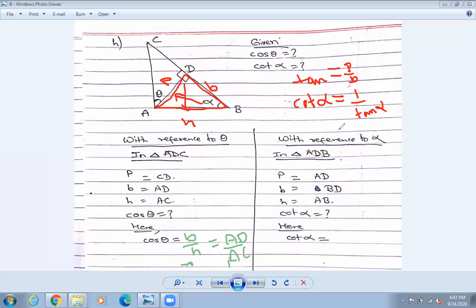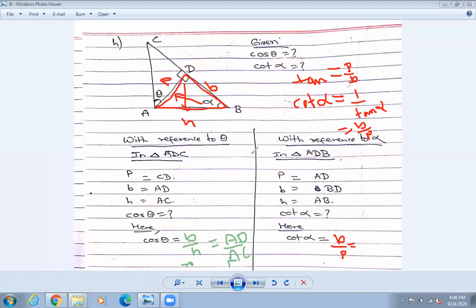So what is the formula of cot then? Flip it, make it the opposite. Instead of writing P by B, the formula of cot will be B by P. Just remember, tan means P by B, and cot is the exact opposite, B by P. So cot alpha means B by P. Is it okay or not?